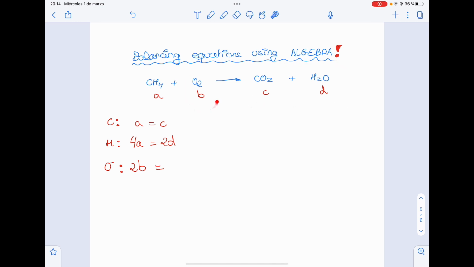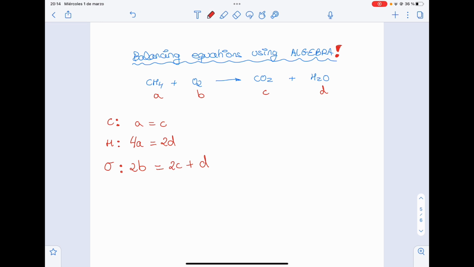So 2B is going to be equal to 2C plus D. Why? Because I have 2 oxygens in C and 1 oxygen in D.